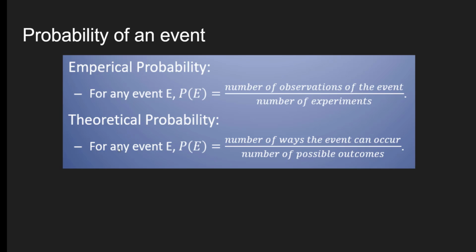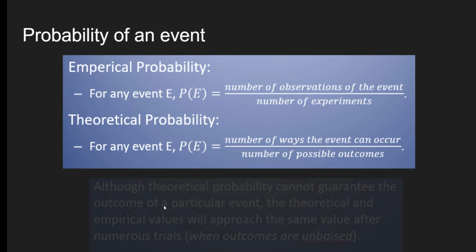Theoretical probability says that for any event E, the probability of that event is equivalent to the ratio of the total number of ways that a particular event can occur divided by the total possible outcomes.